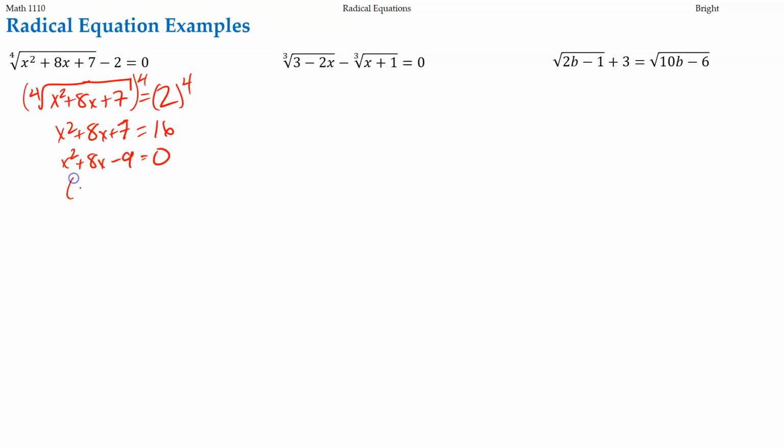Factoring, x plus 9, x minus 1 is equal to 0, so then x is equal to negative 9 and 1. And this next question is going to ask you which of these, if any, are extraneous. So make sure to do this quiz now.